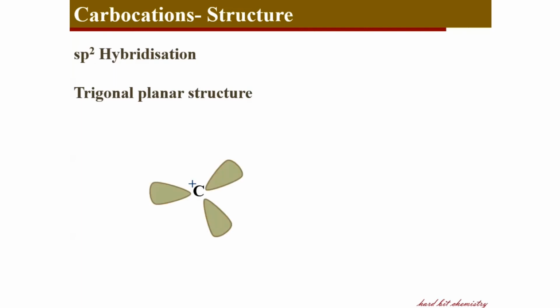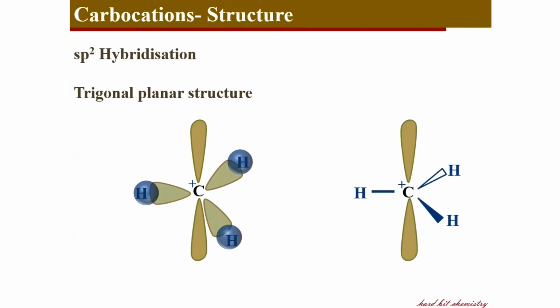The three hybrid orbitals lie at the corners of the planar trigonal shape, and these three lobes are overlapped by 1s orbitals of hydrogen atoms like this, and then there is an unhybridized vacant p orbital lying in the perpendicular plane to the triangle. So this is the structure of a carbocation involving the sp2 hybrid central carbon atom which is bearing the positive charge.